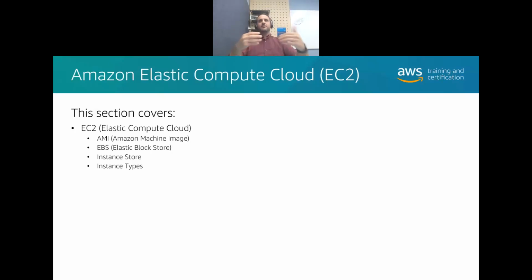So what I want to do is take a few steps back and explain the technology that preceded AWS and then make comparisons to the products that we have in AWS, in the hopes that you can use your existing knowledge and reference it directly to our AWS products. The particular services I'm going to talk about are obviously EC2, but within that, AMI, which is Amazon Machine Image, EBS, which is Elastic Block Store, Instance Stores, and Instance Types.